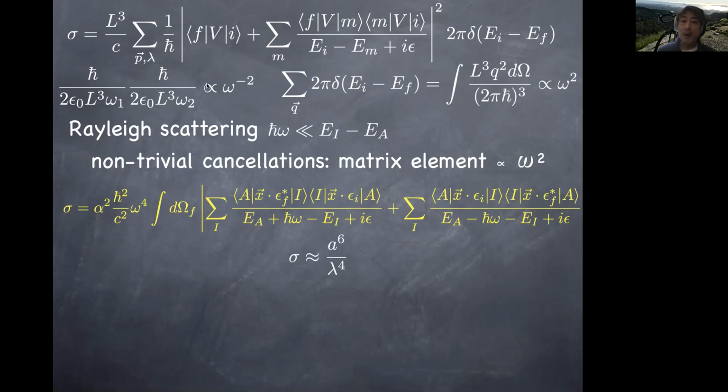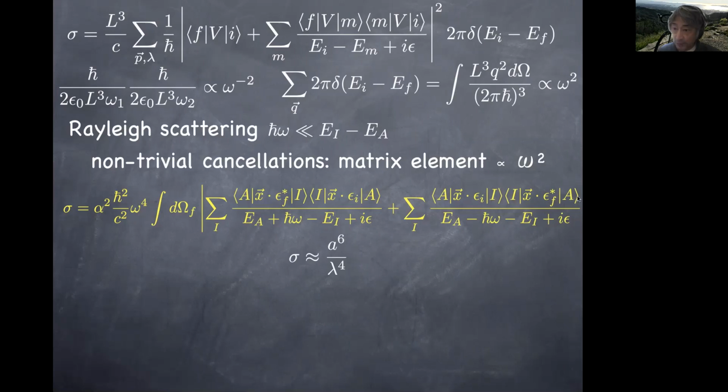So the 2 powers downstairs of omega and 2 powers of omega upstairs, of course, cancel. The matrix element is omega squared, which gets further squared in the cross-section. That's why you have omega to the 4th power as a dependence of the cross-section on the angular frequency.